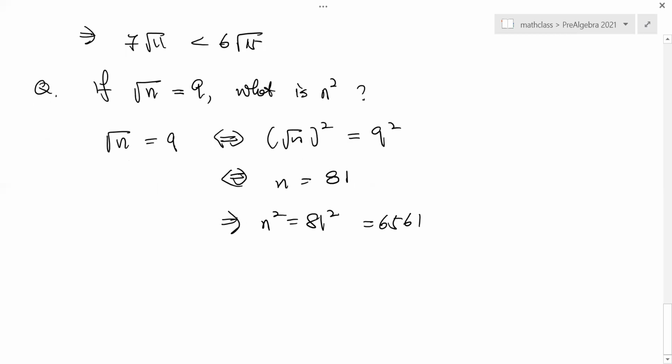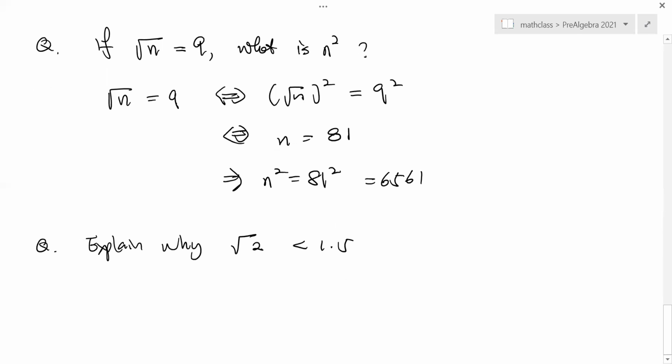All right. Our next problem is: explain why square root of 2 is less than 1.5. Well, we're trying to estimate the square root of 2 as much as possible.